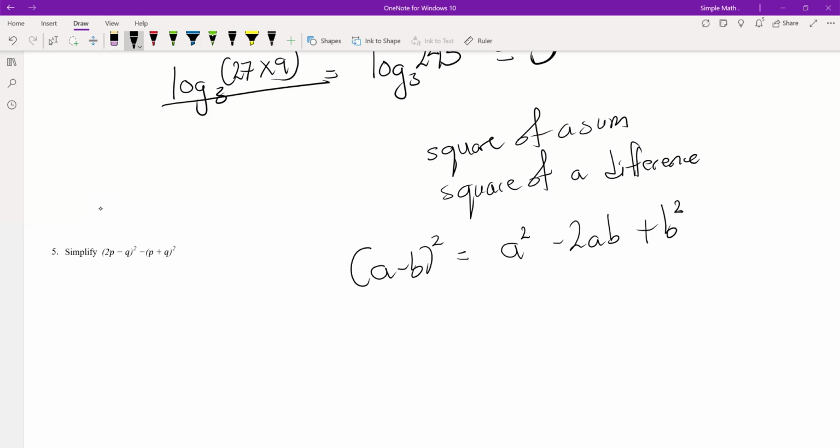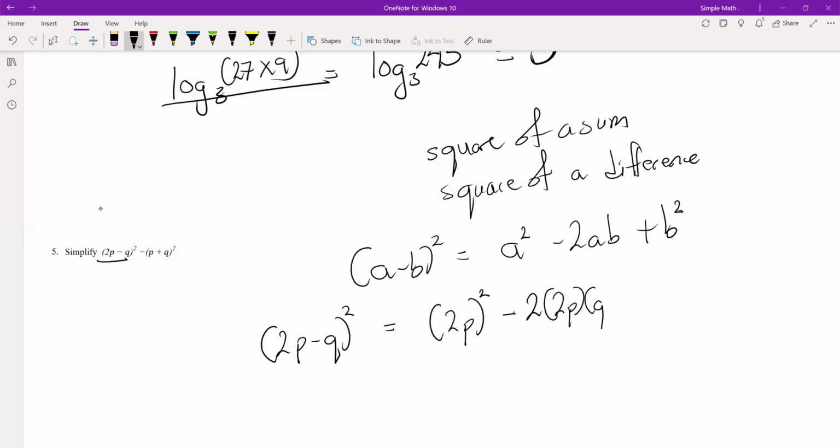So if we apply that same thing where we have 2p minus q all squared, that now becomes 2p squared minus 2 times 2p times q plus q squared.